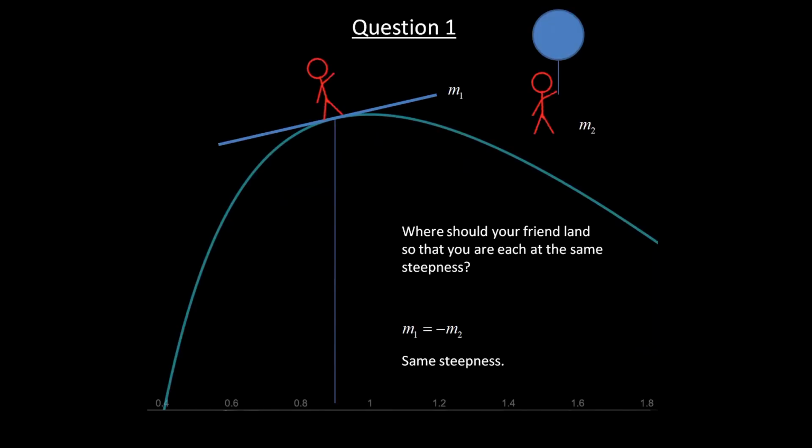All right. So this one might be a little bit scary, but here's question 1. Same picture, but now you're going to stand at 0.9. If you stand at 0.9, then where should your friend land so that you have the same steepness?